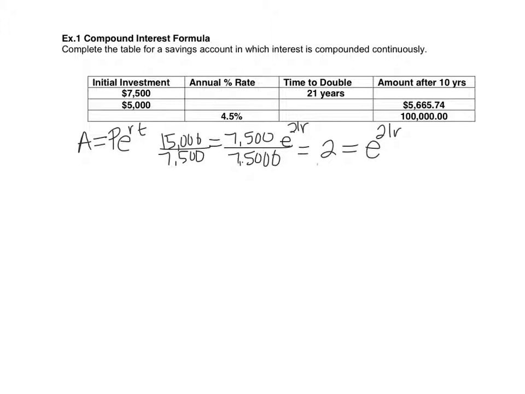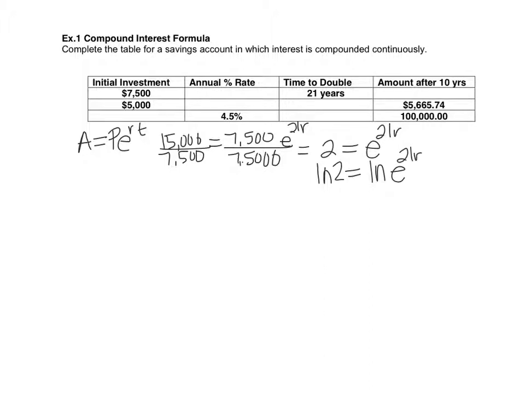So this is going to become ln of 2 equals ln of e to the 21r. The whole purpose of taking the log of both sides is because what I'm solving for is in the exponent, and I'm going to use my log rules to drop that down in front so it's no longer an exponent.